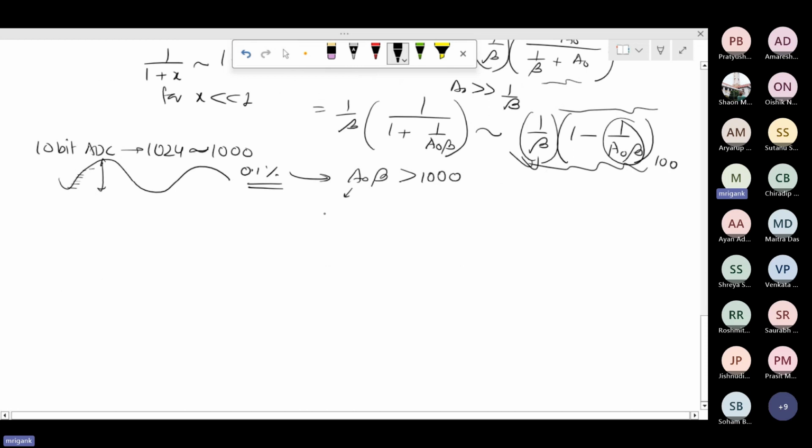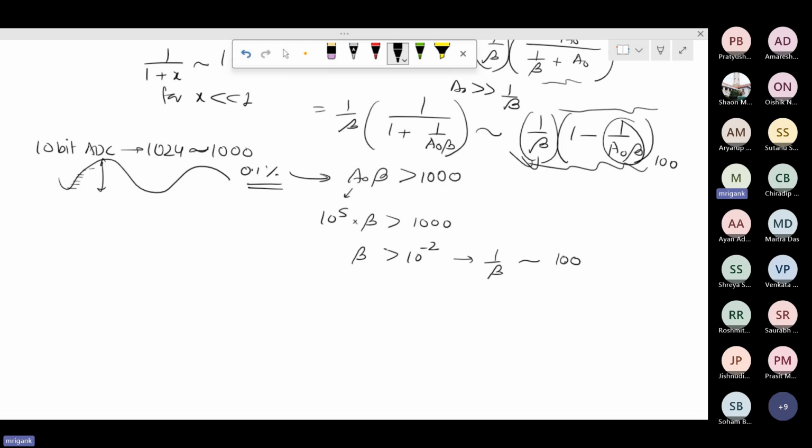So if A naught is 10 to the power of 5, what is the beta value you can have? Beta will be 10 to the power of minus 2. That means 1 upon beta can be 100. That means in a single stage, you can aim for a closed loop gain of 100. You should not have more than 100 gain in one stage.